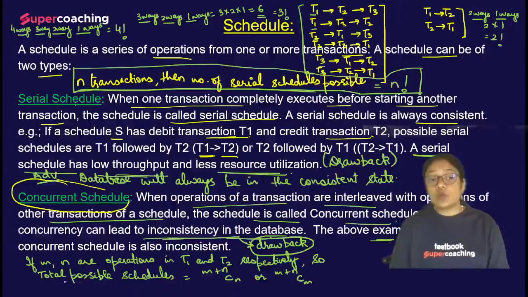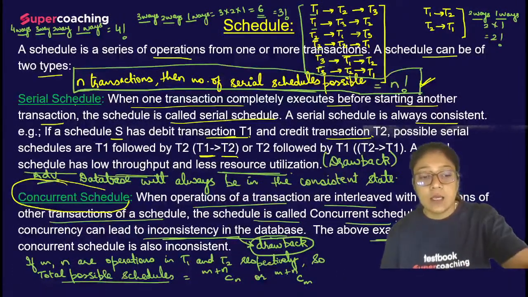This is the total possible schedules. If I am interested in finding the number of concurrent schedules, how to do that? You know the possible schedules, you know the serial schedules, just subtract it and you'll come up with the number of concurrent schedules. Let me write that.